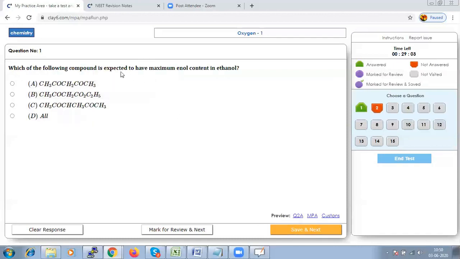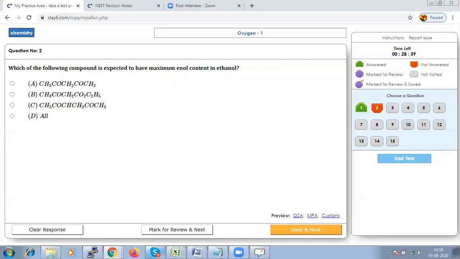Which of the following is expected to have maximum enol content? Maximum enol content will be because of two carbonyl groups being attached to the CH2 group.